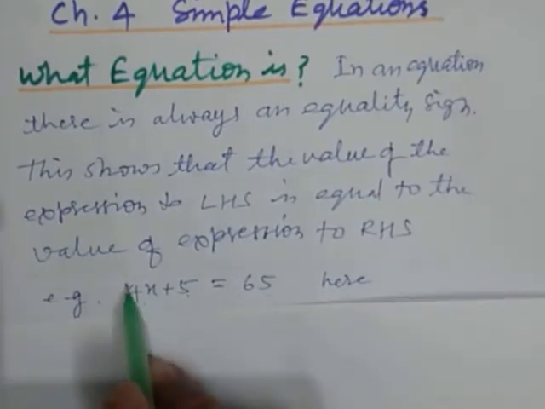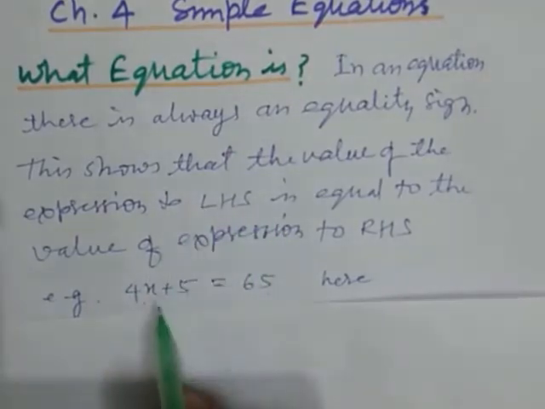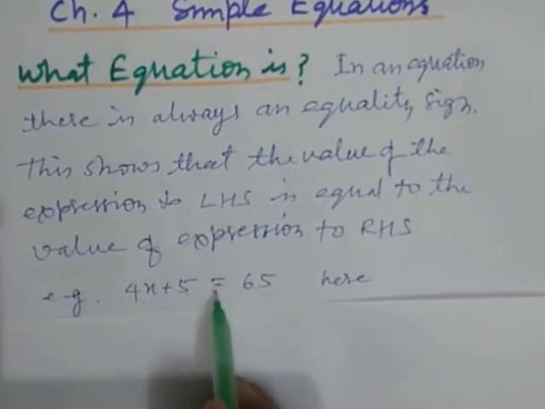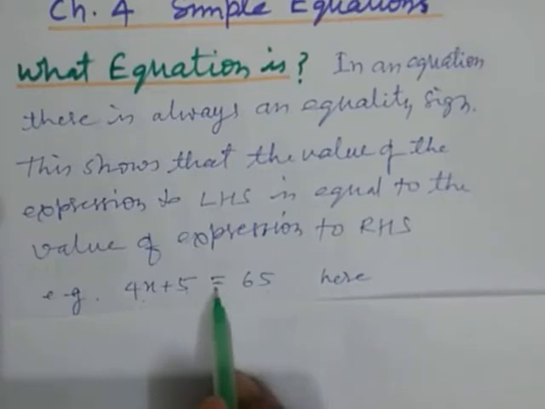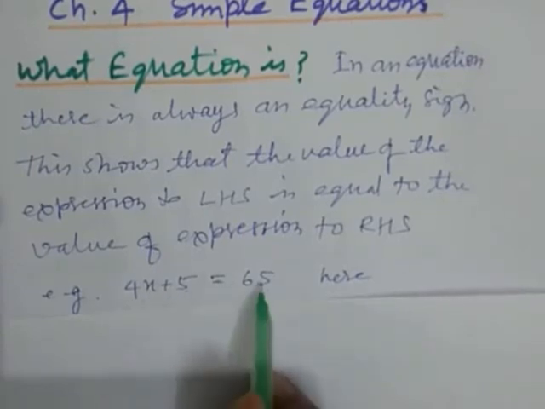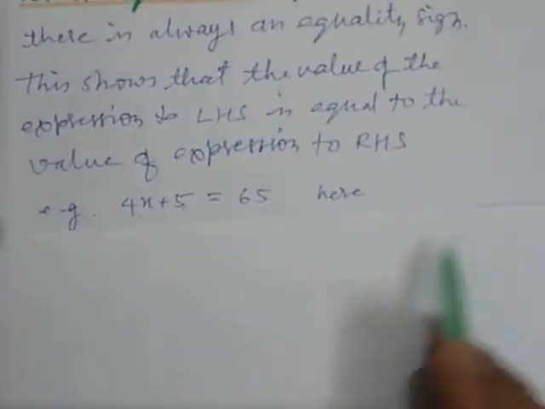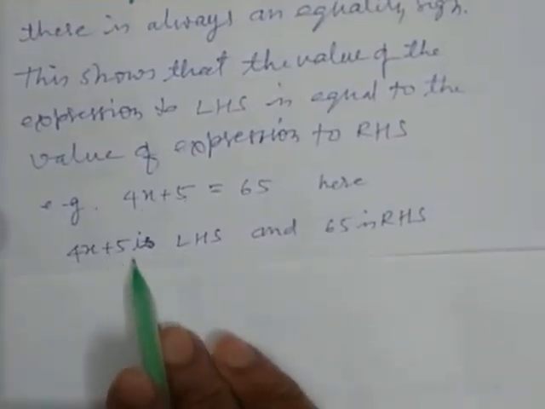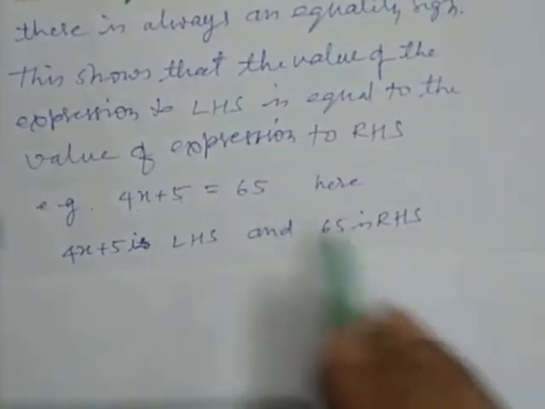Here this is the left hand side and this is the right hand side. So the left hand side must be equal to the right hand side, and there must be an equality sign. If there is no equality sign, then this is not an equation. 4x plus 5 is the left hand side and 65 is the right hand side.